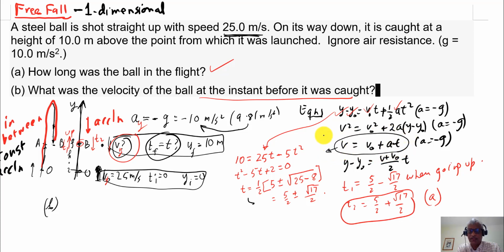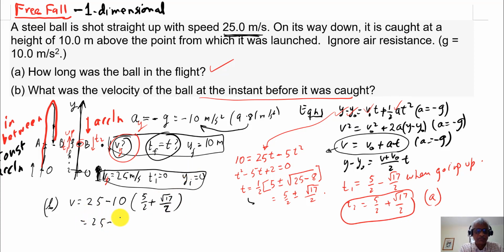Using that, I can get v equals 25 minus 10 times (5 over 2 plus the square root of 17 over 2). So this is 25 minus 5 plus the square root of 17, and it's going to be minus 5 times the square root of 17 meter per second.